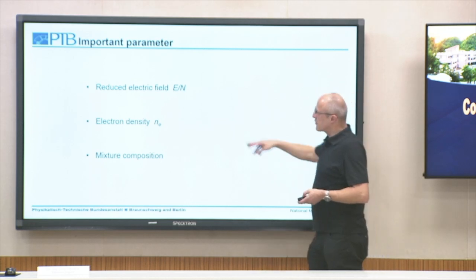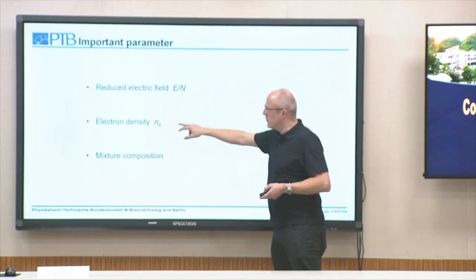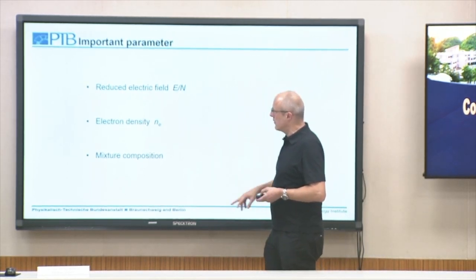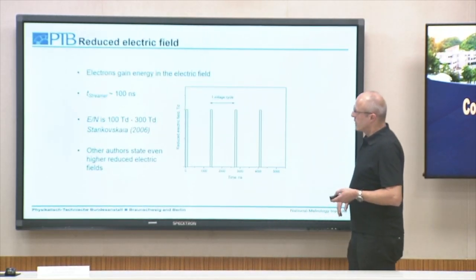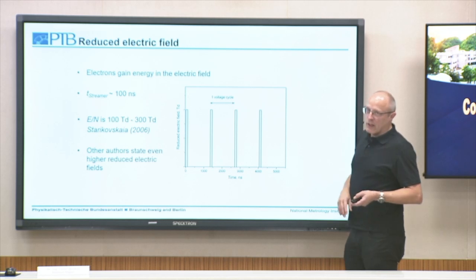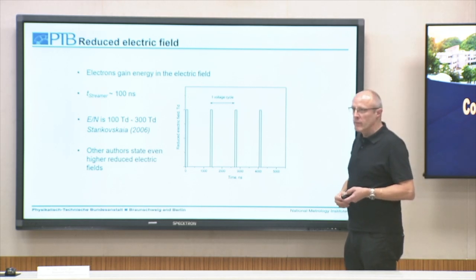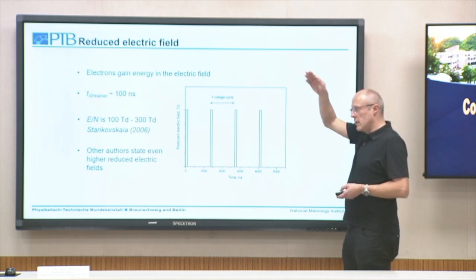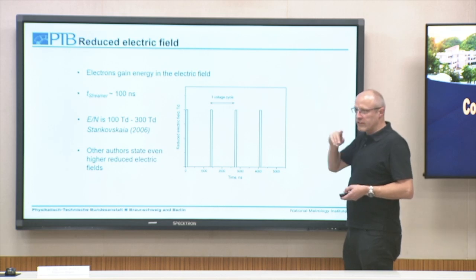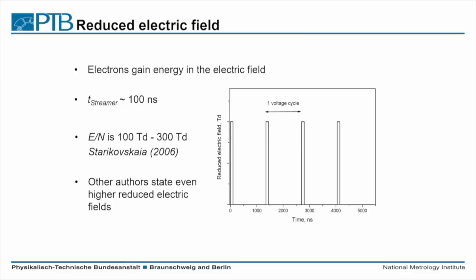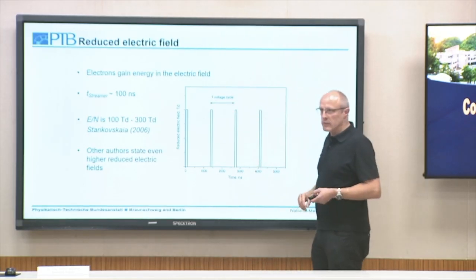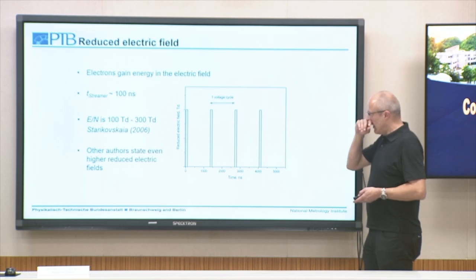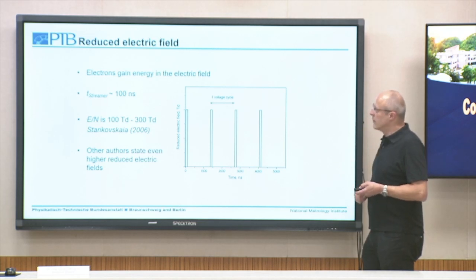So we need to know the strength of the electrical field, we need to know the electron density, and of course we need to know the mixture composition here. And so for the simulation we have a simplification here. You have seen these temporal profiles of voltage and current, and we assume now for the simulation that at specific times we have a streamer discharge. This is what we have seen in these current profiles.